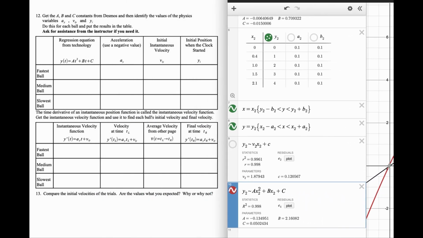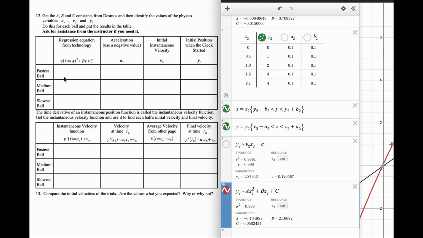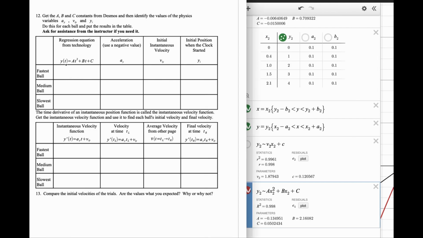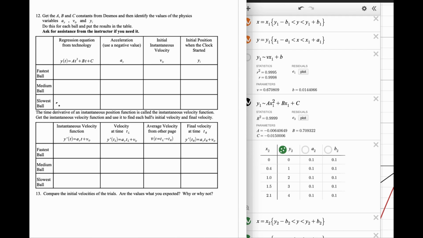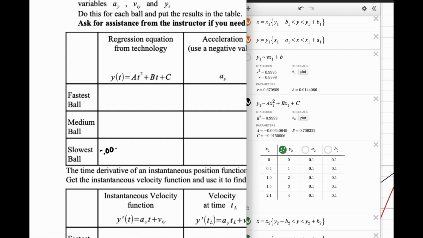Alright, so when you go to write your regression equation, let's copy these over and then we'll decide upon the meanings of the physics variables involved. Alright, so we've got slow ball: negative 0.0064 t squared plus 0.71 t minus 0.02 or so.